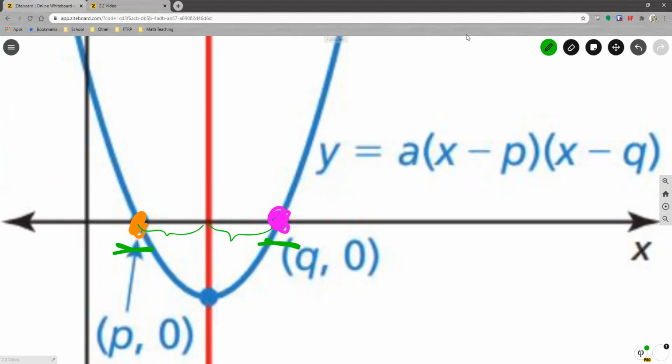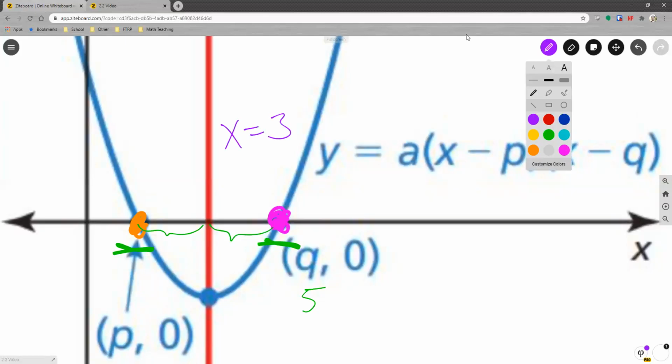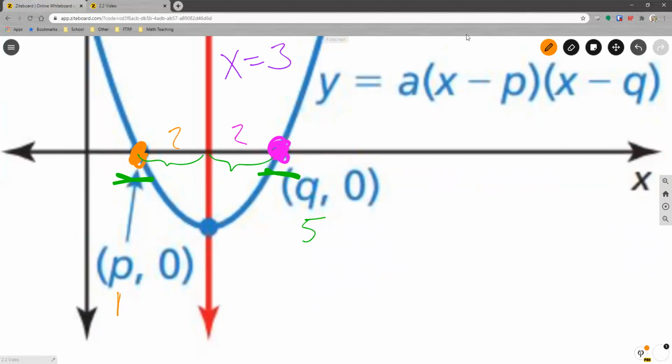So if my value for q, for instance, is 5, and my axis of symmetry is equal to 3, the distance between 5 and 3 on the right side is 2. That means on my left side, I'm going to have a distance of 2 away from the axis of symmetry to get my p coordinate, which in this case, 3 minus 2, would be 1.